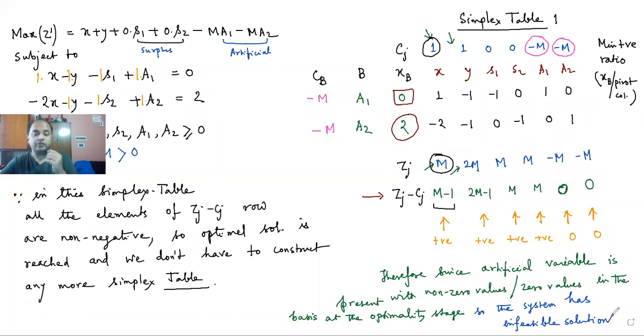The system has infeasible solution. That's why the system has infeasible solution.